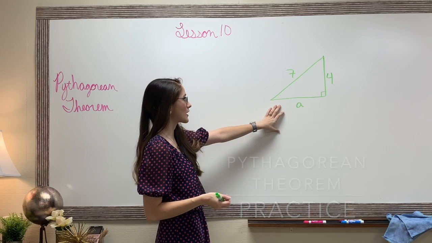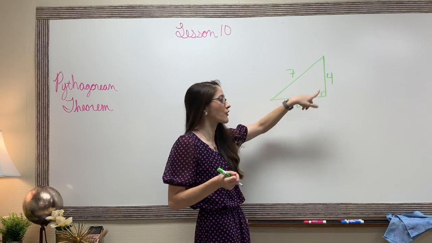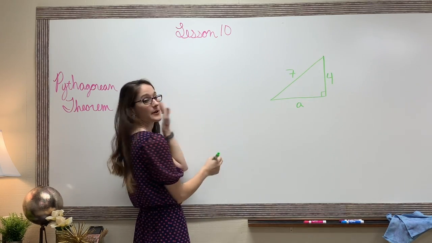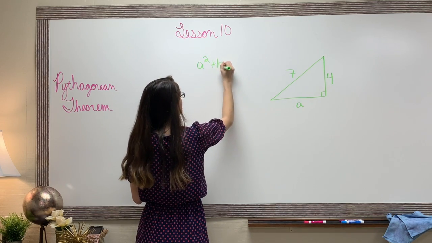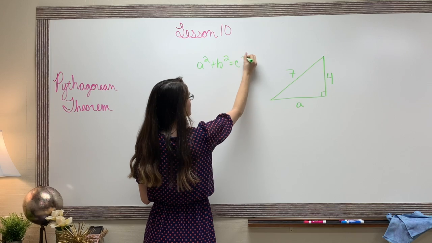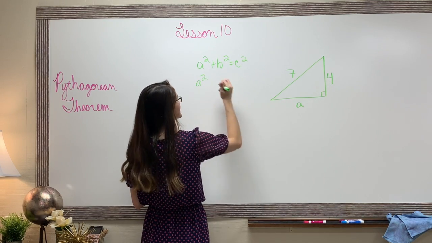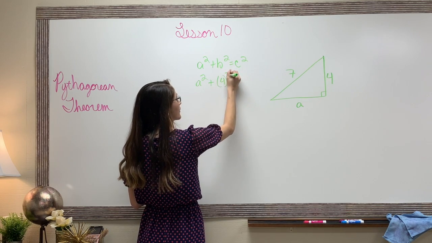With this right triangle, we see that our two sides that are adjacent to a right angle are A and 4. Before I start working with all this stuff, I'm going to go ahead and write my base formula. A squared plus B squared equals C squared. I'm going to replace A with this A, and then instead of B, I'm going to write 4.